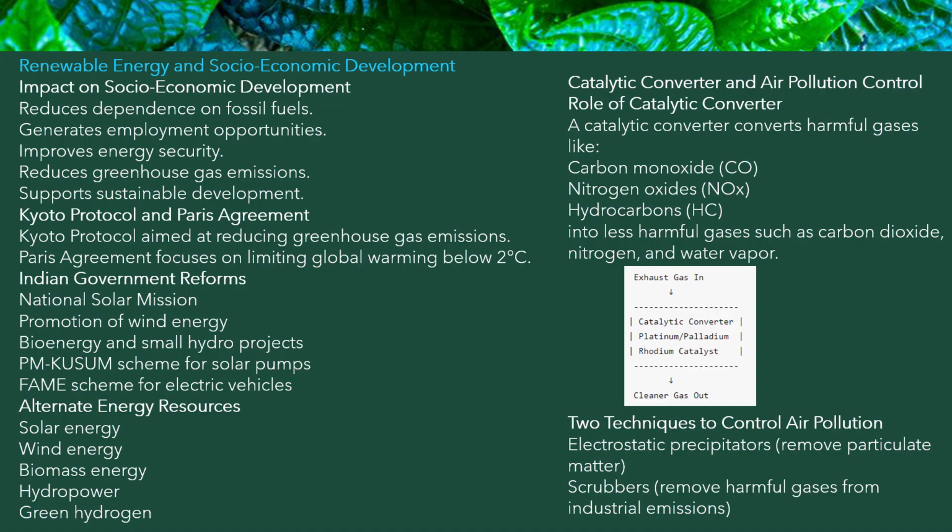Next is renewable energy and socio-economic development. Here we will see impacts of socio-economic development: reduced dependence on fossil fuels, generate employment opportunity, improves energy security, reduce greenhouse gas emissions, support your SDG goals.